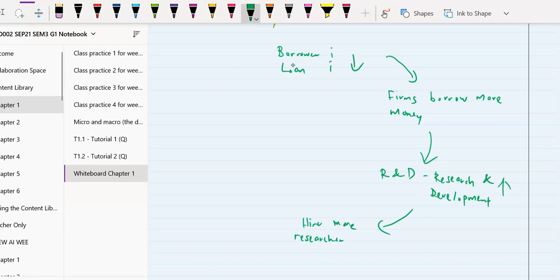Maybe if they are in the mining industry, they will need to hire some scientists. How do I spell scientists? Anyway, I think you know what I mean. They might need to hire more engineers. All this will lead to what? The employment increase.